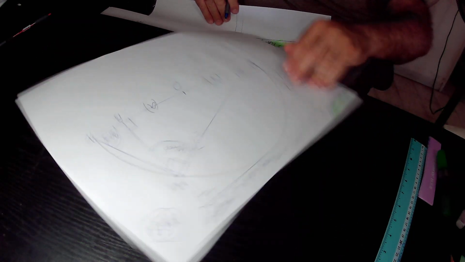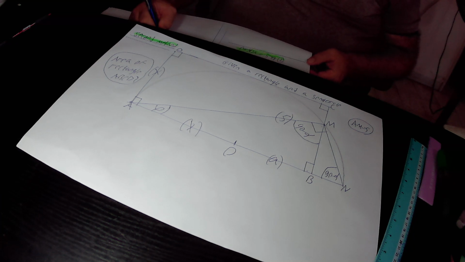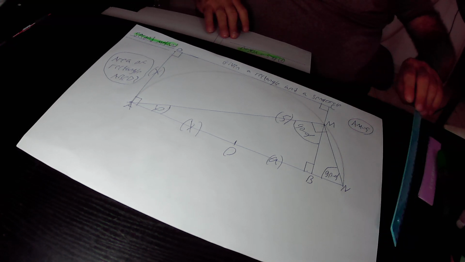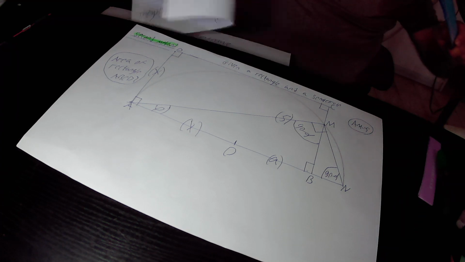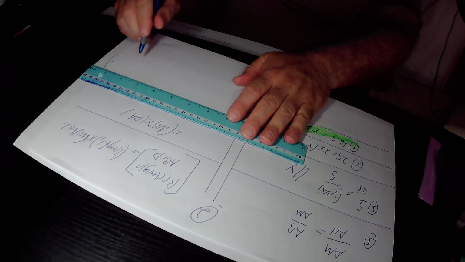The length of this rectangle is AB, and the width is DA. So the area we are looking for, the area of rectangle ABCD, is equal to AB times DA.